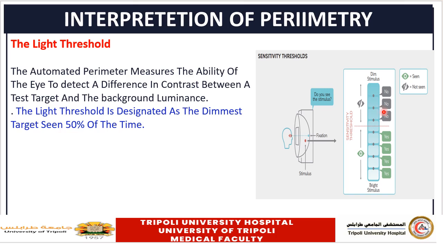So it projects light of different intensities. This is dim light, and this is intense light. A minimum of 50% is picked up by the patient's response, saying yes, I can see this. This is determined. This means that this is the threshold of the retina, and this is the first duty of the machine to determine before it starts testing the different areas of the retina.